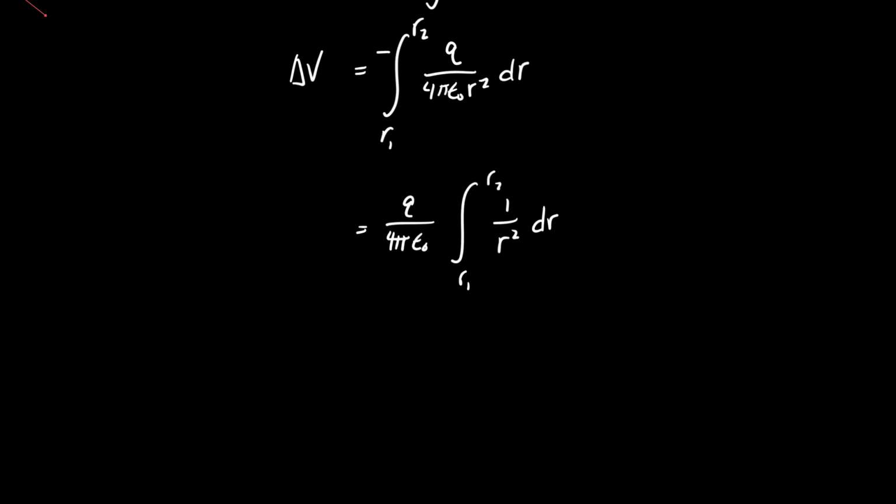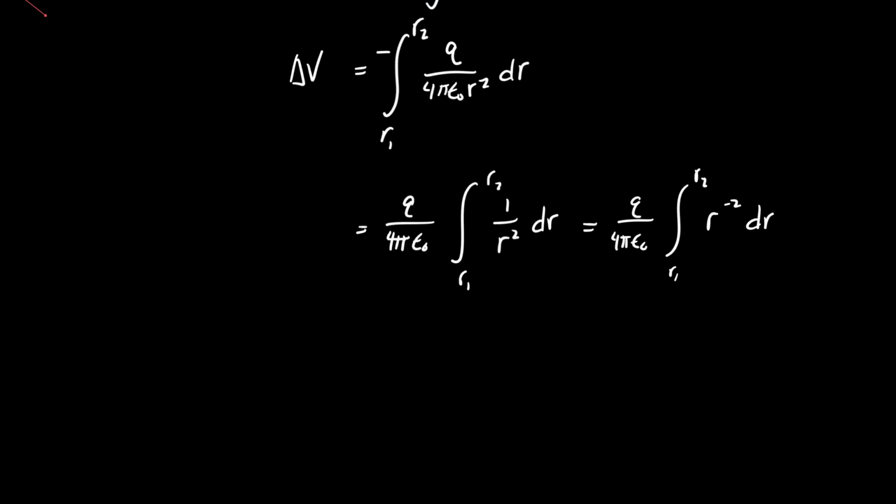All right. Now, I do have to integrate this part, but you've learned the rule for this. And if you don't remember the rule, this is a polynomial, so I can use the polynomial rules for this. Add 1 to the exponent and divide by the new exponent. To make this look more like a polynomial, it might be in your interest to remember that this is the same as r to the negative 2 power.